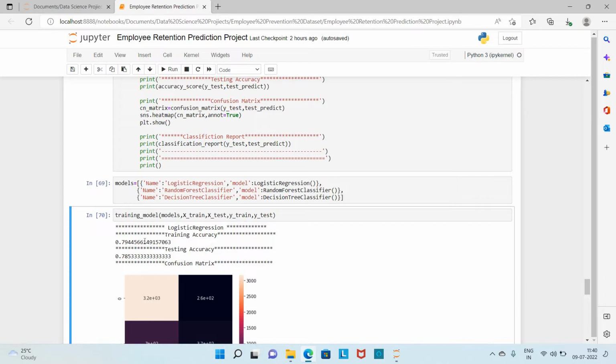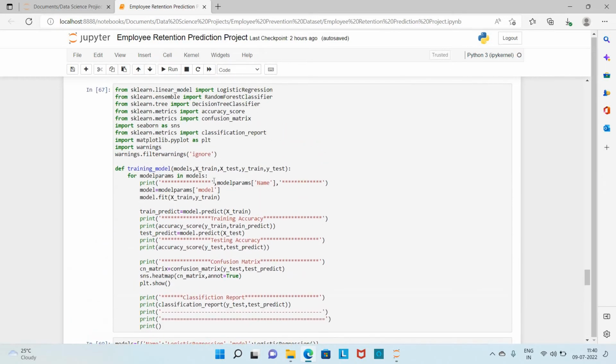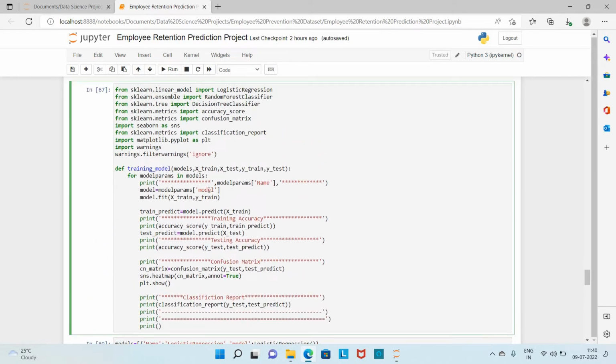If the training accuracy is very high, like 99% or 100%, and the testing accuracy is very low, it means the model is overfitting. In training it learned the pattern, but when a new value comes, it could not predict it.